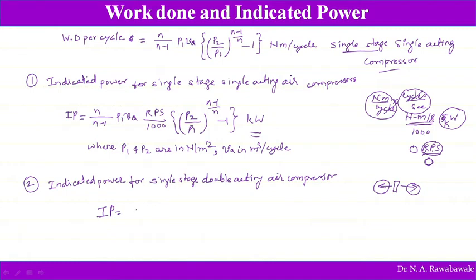Therefore, indicated power is given by N divided by N minus 1 P1 VA into 2 RPS revolutions per second divided by 1000, again in bracket P2 divided by P1 to the power of N minus 1 divided by N, minus 1 kilowatt.